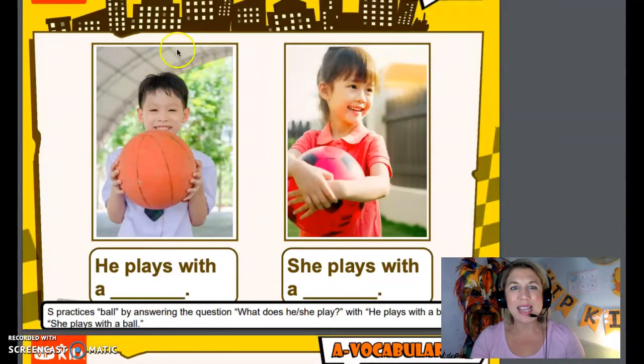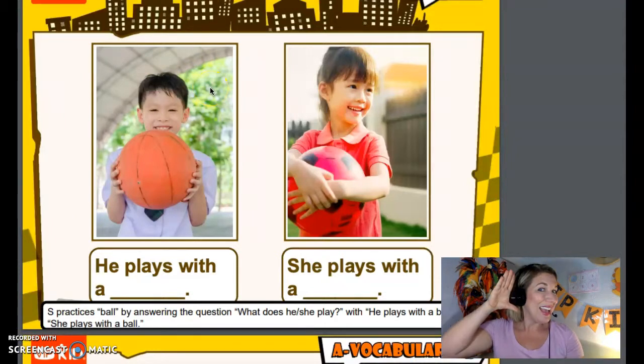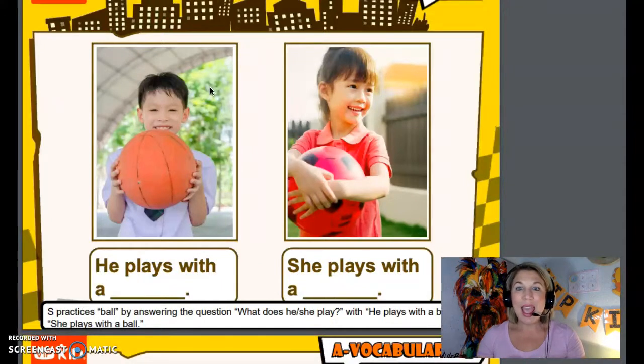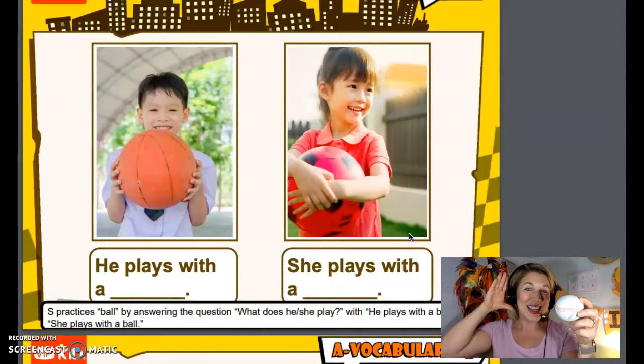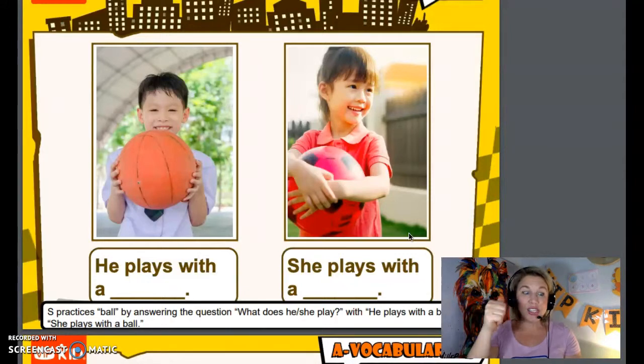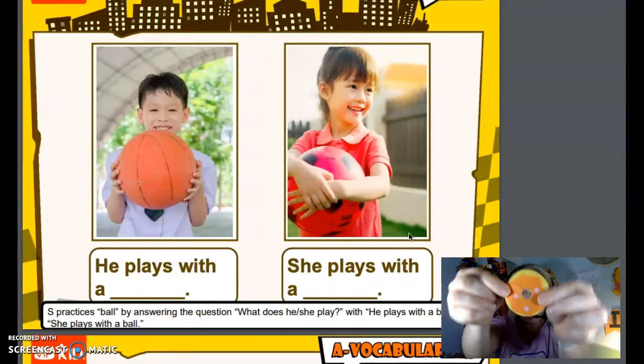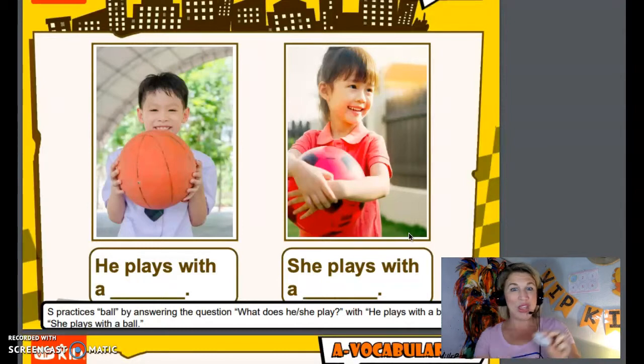Amy, what does he play with? Good job, Amy. What does she play with? She plays with a ball. Good job, Amy. You did a good job. A donut for you.